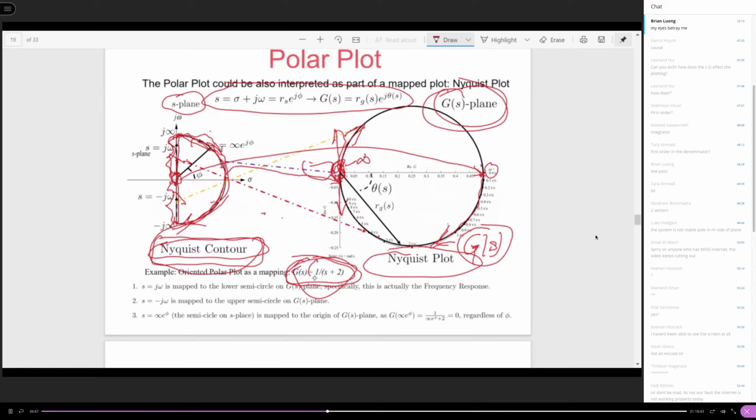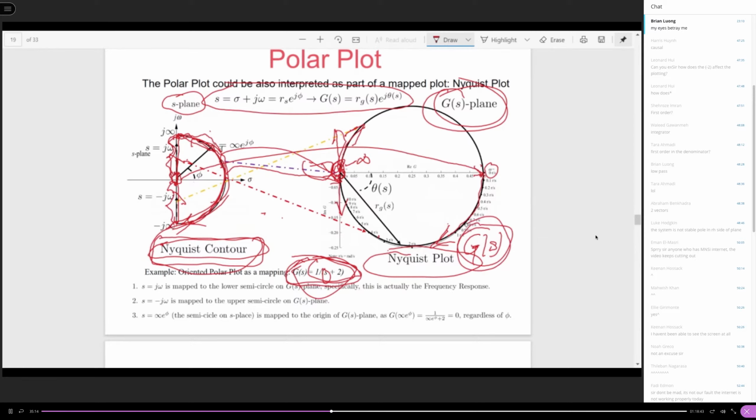Like this one, the order of the numerator is 0, and the order of the denominator is 1, because the highest power of the polynomial is 1, right? If this is the case, the semicircle is always mapped to the origin. You can conclude that.